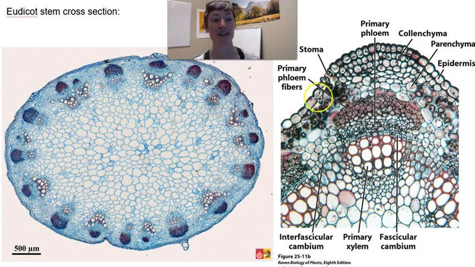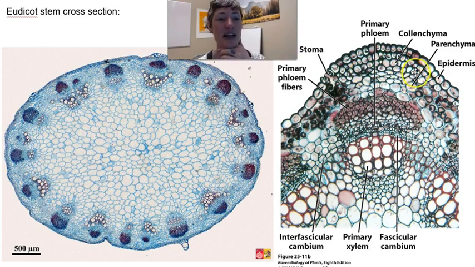It might have some guard cells flanking stomata. We might also find trichomes, specialized cells that we'd see in the epidermis. Right here you can see this cluster of cells with these unevenly thickened cell walls. Those are collenchyma cells. They're often located in the cortex of young growing plants, such as ones in primary growth.